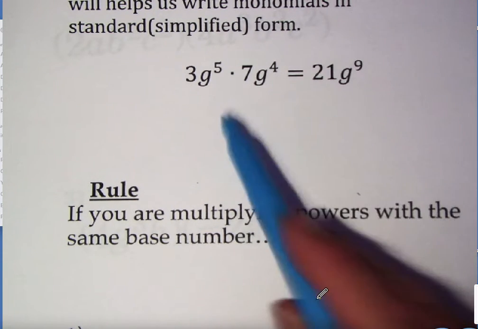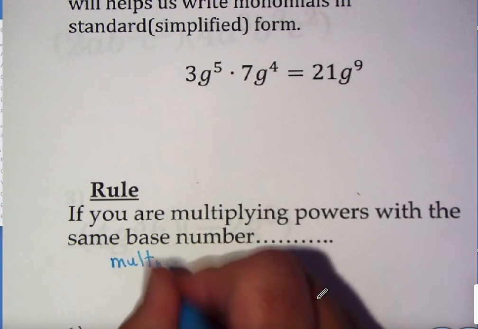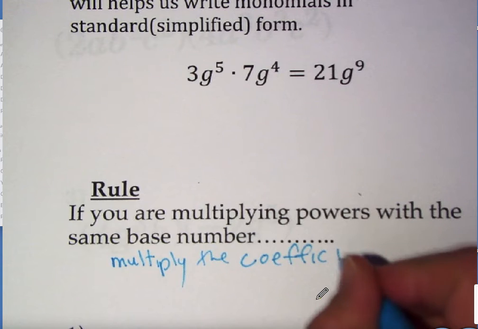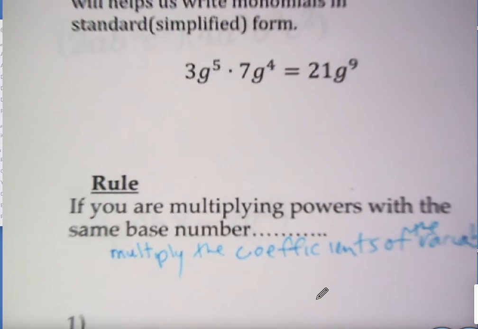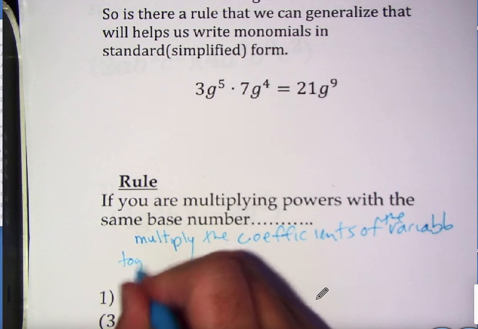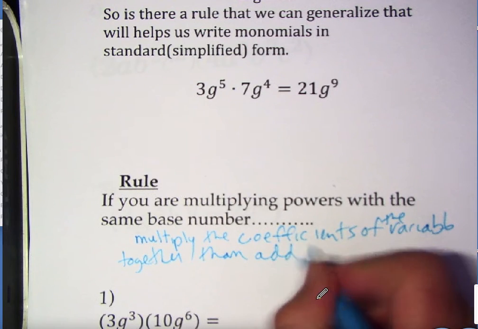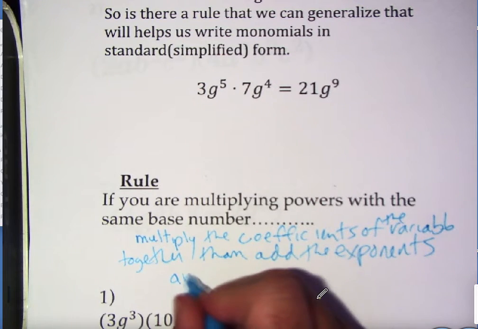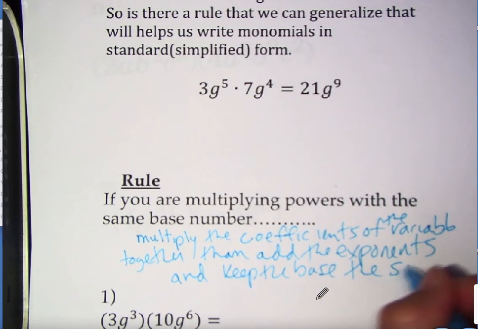If you're multiplying powers with the same base, I would say a rule is to multiply the coefficients of the variables together, then add the exponents and keep the base the same.